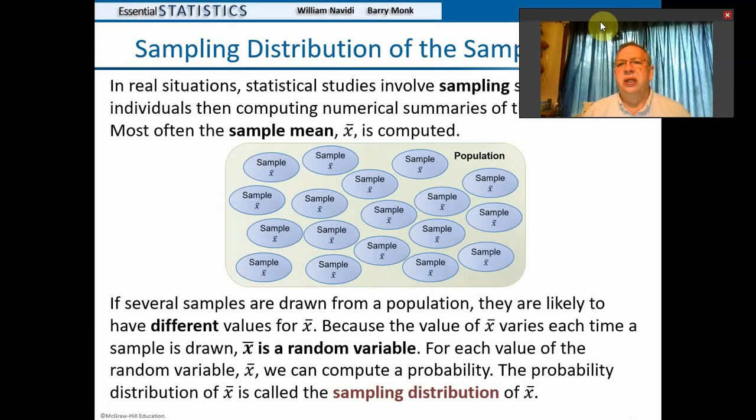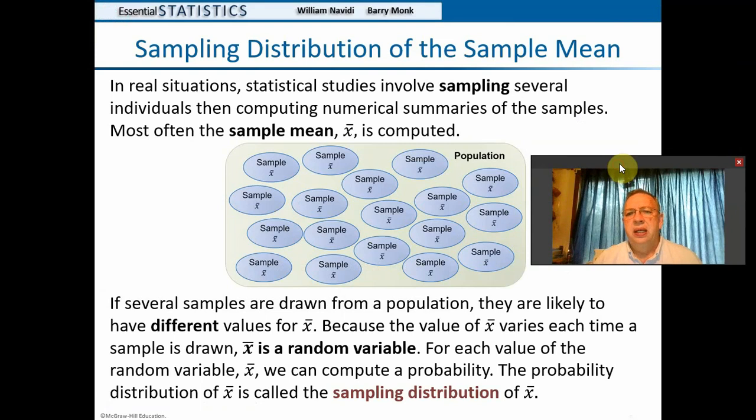So here, in this figure, they have population data, and if we've gone out and grabbed these different samples, calculated a sample mean for each one of these, we're going to look at how the sample means from the samples create a sampling distribution.